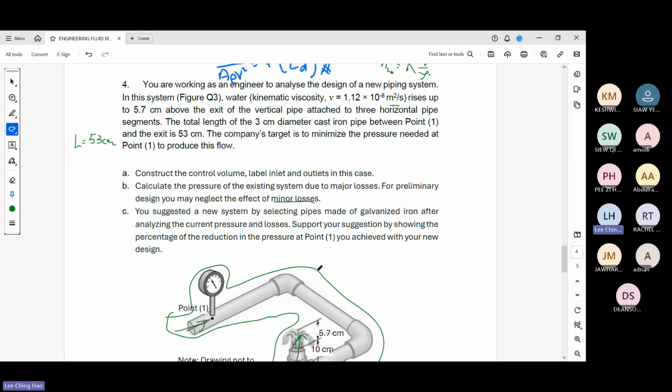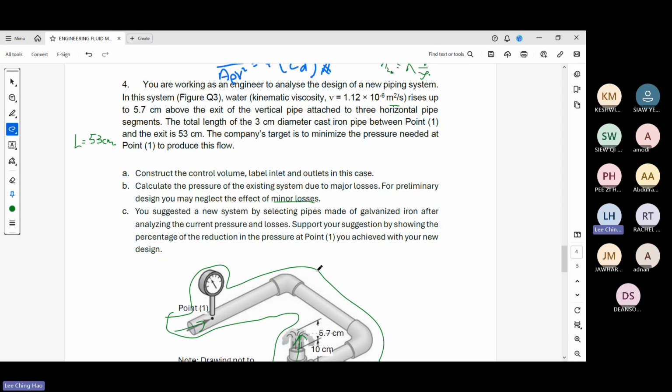Actually, the Bernoulli equation has three types of equations. Which one you select, it's fine, all three are okay. But because you select a different one, when you add the minor loss or major loss, the HL, you might need different additional units beside the HL.